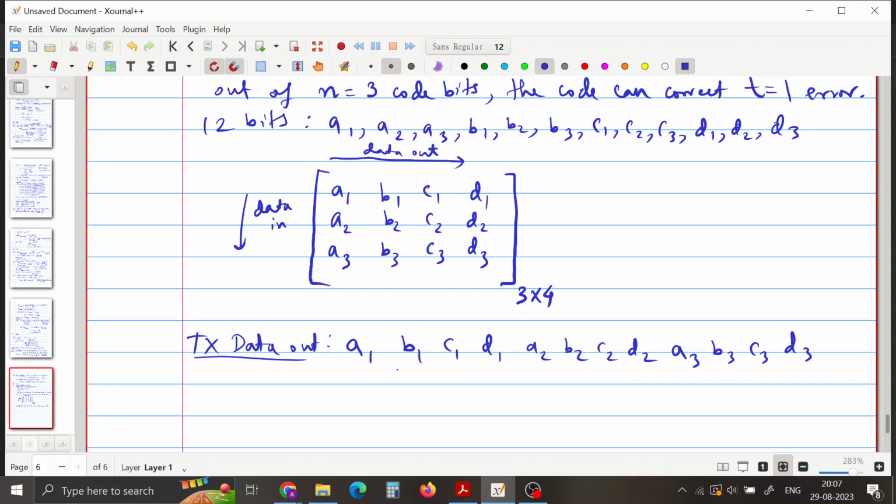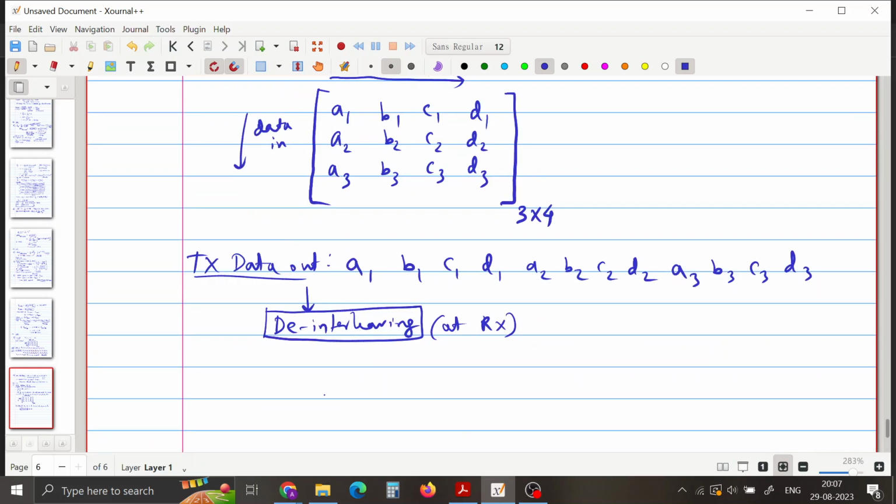So in this sequence they are transmitted, and once received, I do my de-interleaving at the receiver.